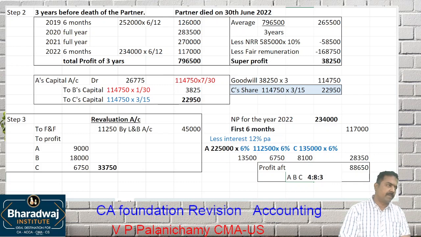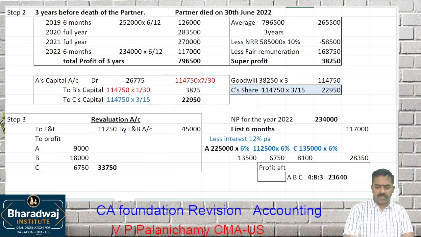How much? 23,640 to A, 47,280 to B, 17,730 to C.